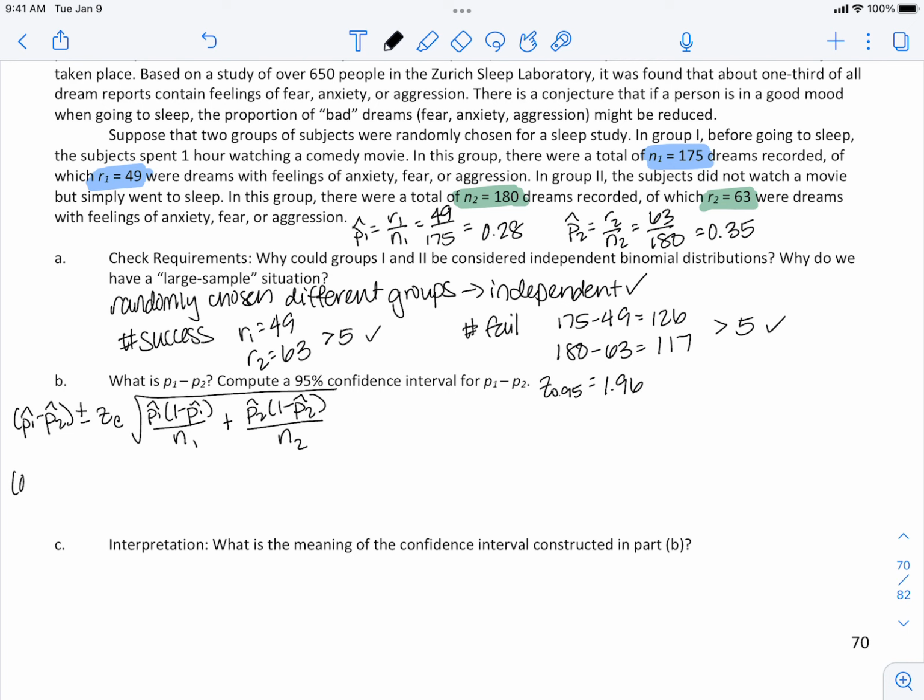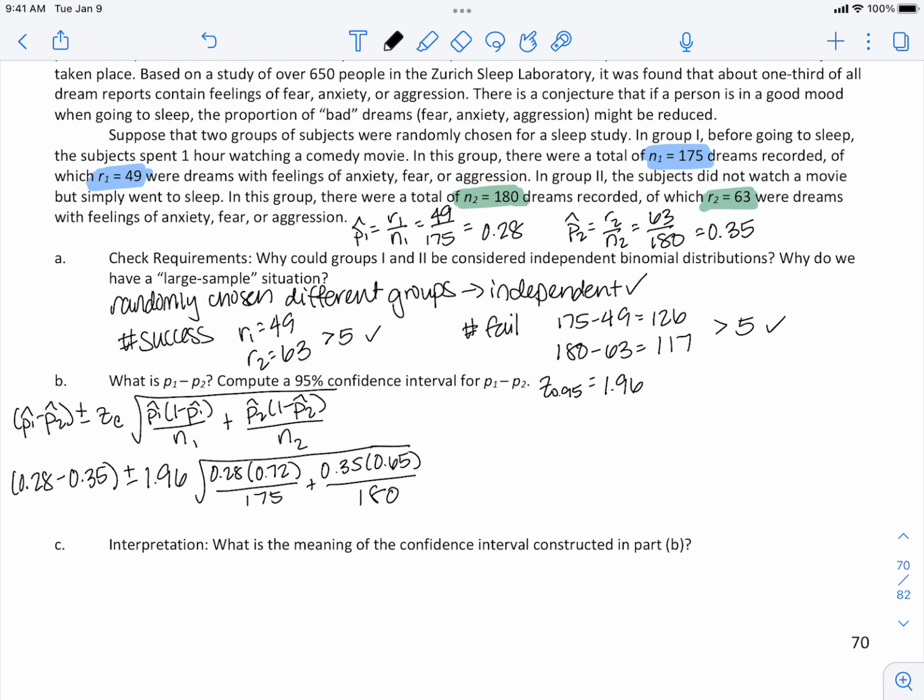All right, we have 0.28 minus 0.35 plus or minus 1.96 times the square root of 0.28 times 0.72 divided by 175 plus 0.35 times 0.65 divided by 180.